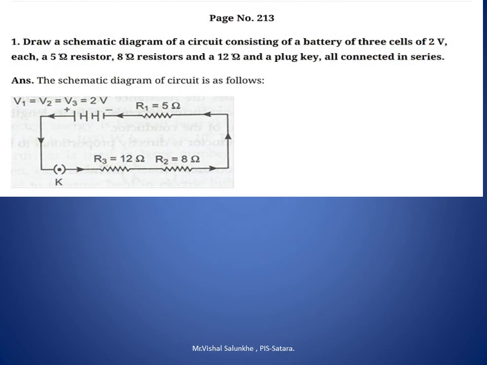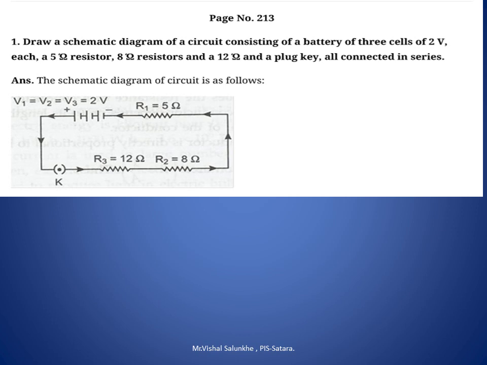On page number 213, the first question is: draw a schematic diagram of a circuit consisting of a battery of 3 cells of 2 volt each, a 5 ohm resistor, 8 ohm resistor, 12 ohm resistor and a plug key, all connected in series. Point to be noted: 3 cells in that battery, each with potential difference 2 volt, means the total potential difference of the whole battery is 6 volt.